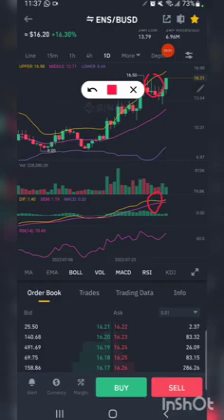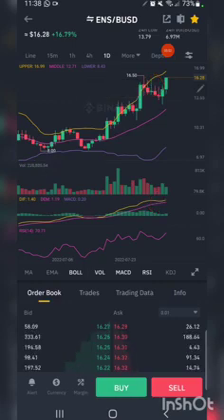So the second signal that the MACD gives is when the signal line crosses the MACD. When the signal line crosses the MACD and goes above the MACD itself, it sends a bearish sign.